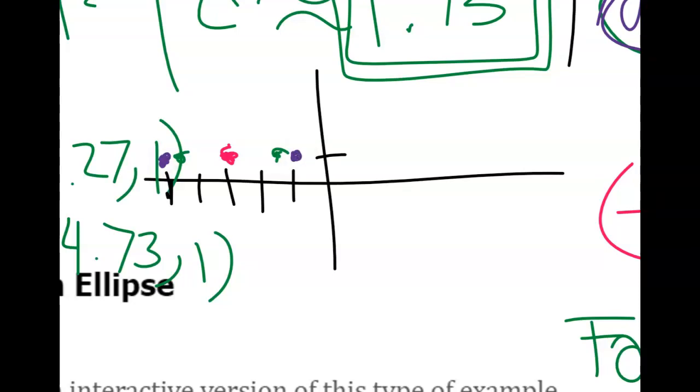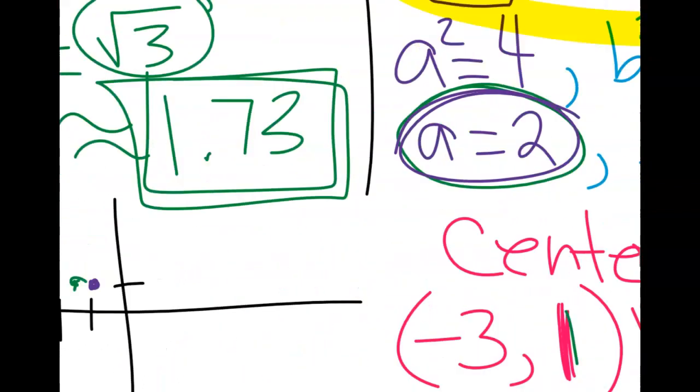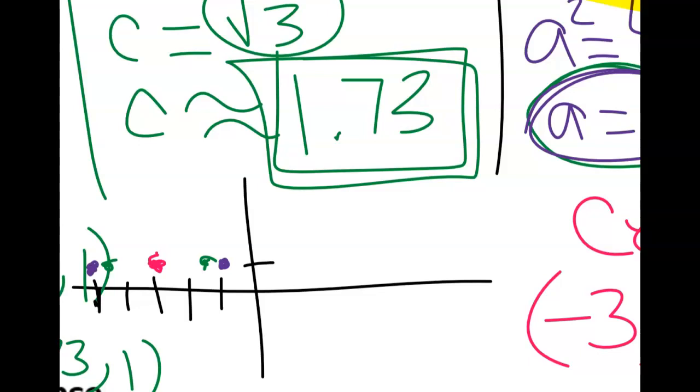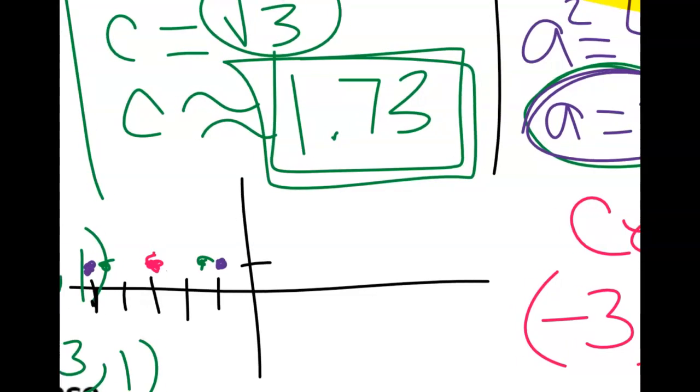Of course, my graph is not perfect. And because the value of b was, I believe, 1, that will be easy. I can just go 1 unit up from the center and 1 unit down to right here. And then we connect our points. And there we have our ellipse.